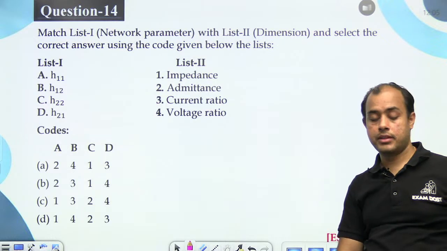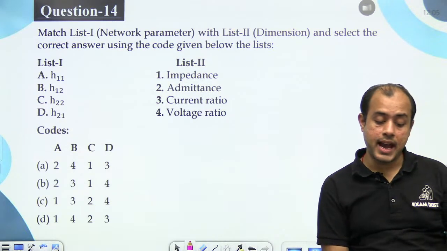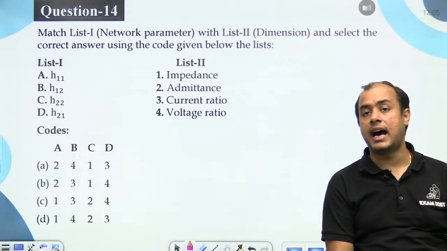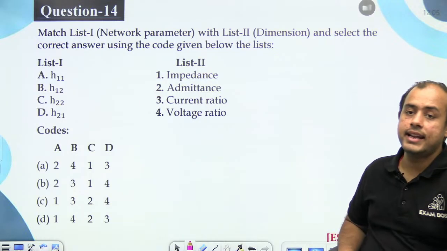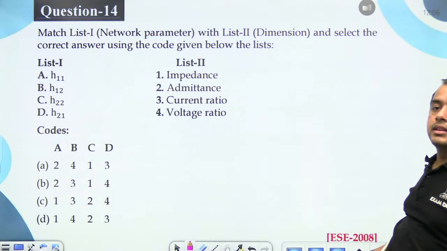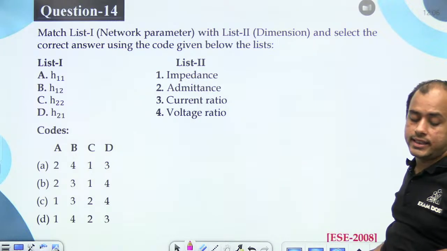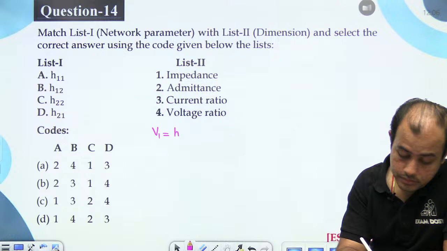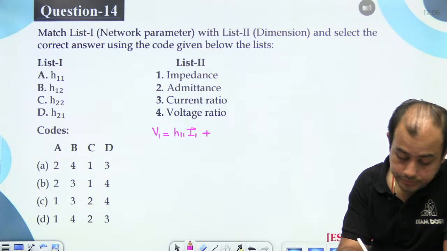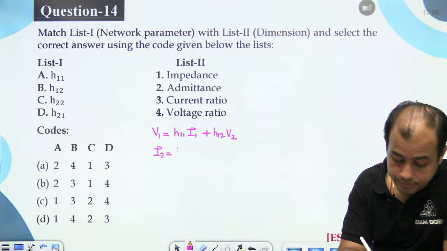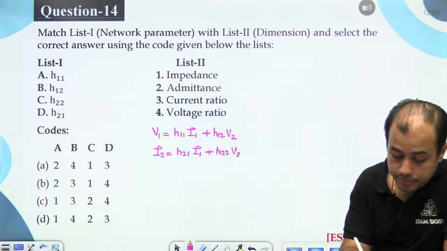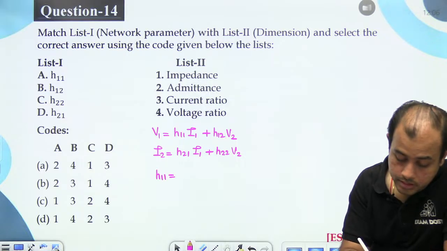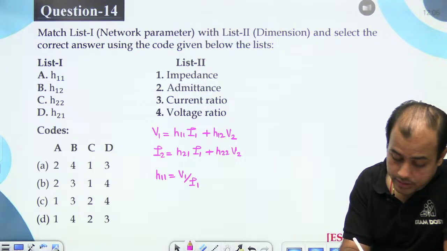Very good Ajit. Next, match the parameter with the dimension. Again, ESE 2008. H11 is V1 by I1.